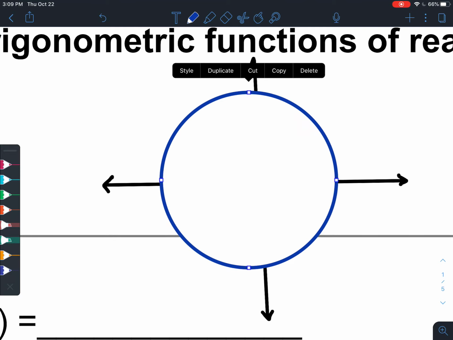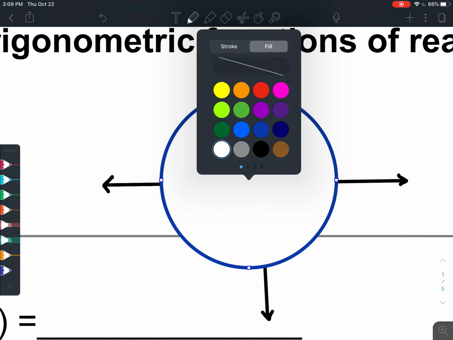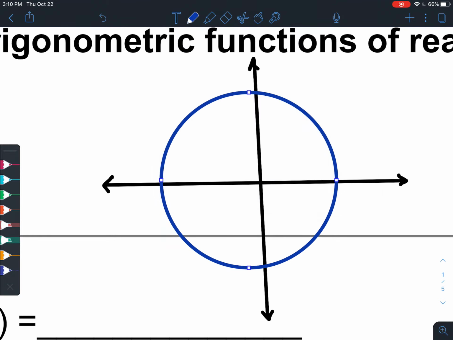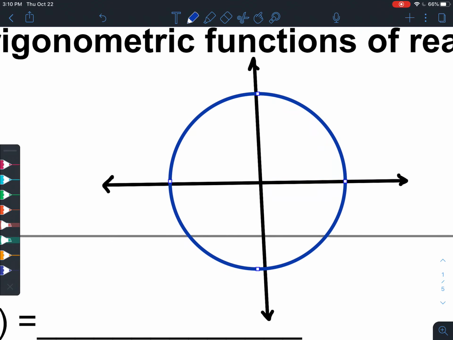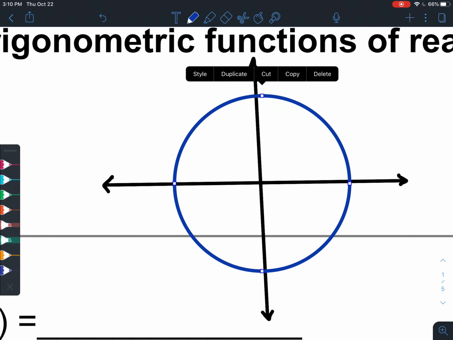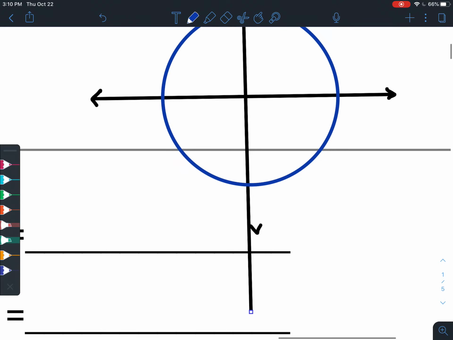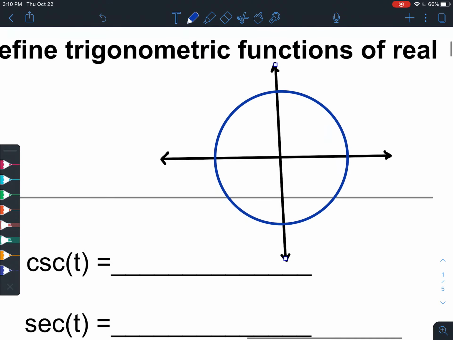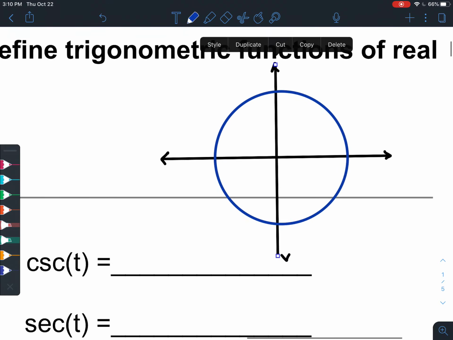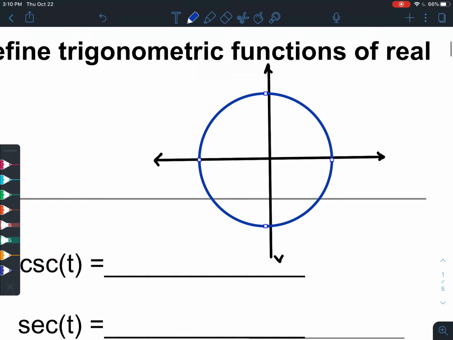How do I make this see-through? Style, fill, none. That's awesome. Okay, so it's a little crooked. It's kind of annoying. There, that should be straight now.